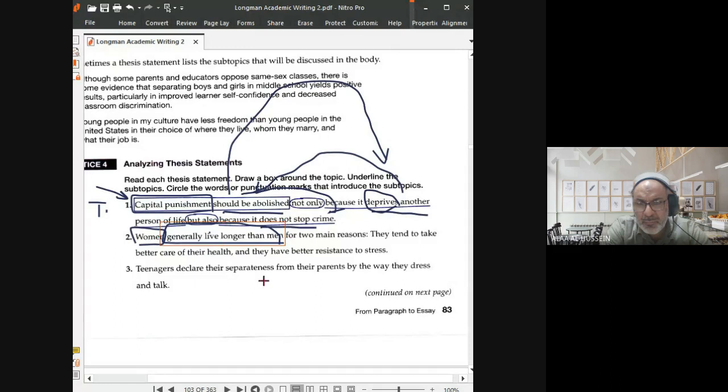ممتاز. For two main reasons. What is this phrase?